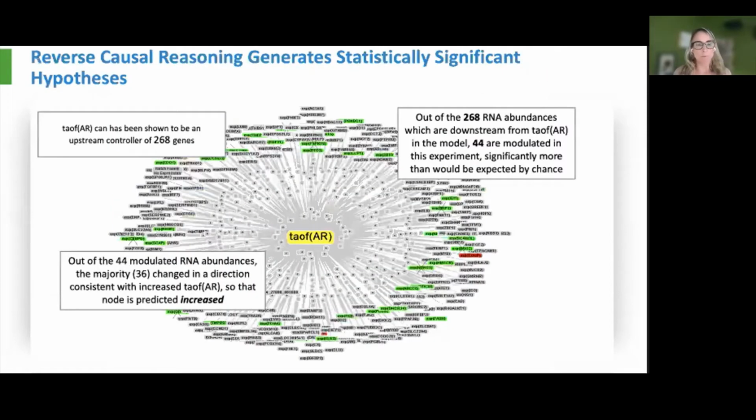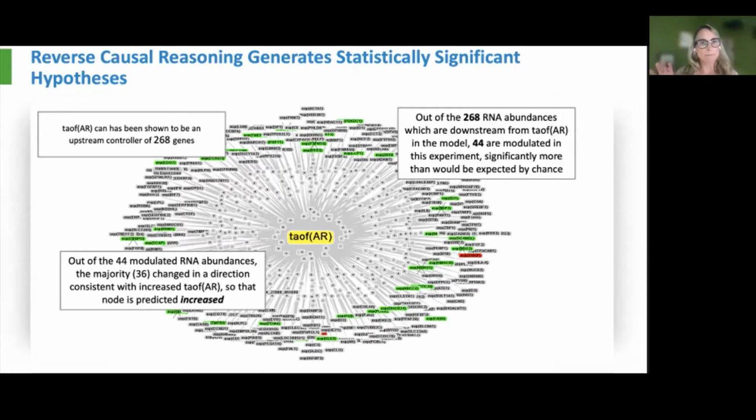I think a more intuitive way to think about this is to think about these mechanisms. In this case, we have the transcriptional activity of the androgen receptor. What you're looking at is this directed acyclic graph in the knowledge base that has been curated, describing the cause and effect relationship between AR transcriptional activity and downstream changes in gene expression.